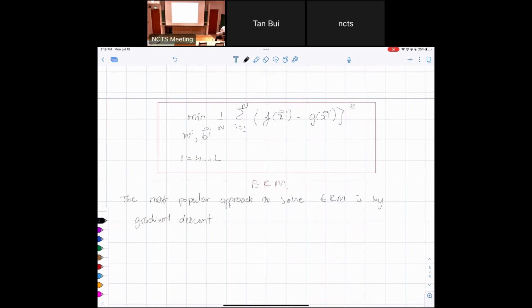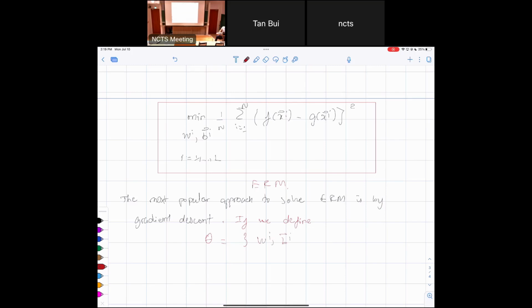If we define theta, a big data vector, or matrix if you wish, this is the collection of all the W_i, b_i.